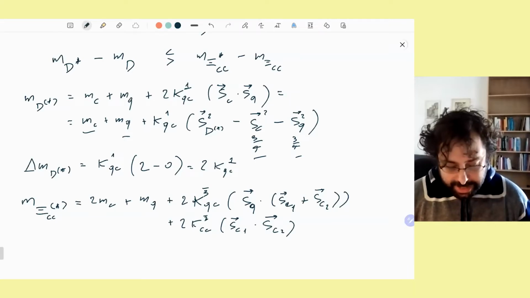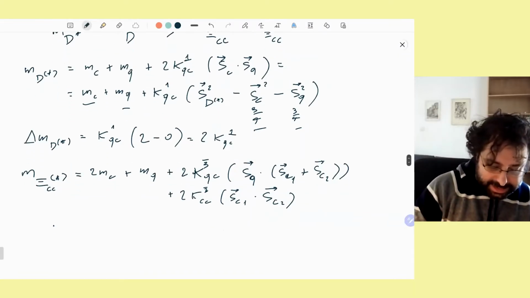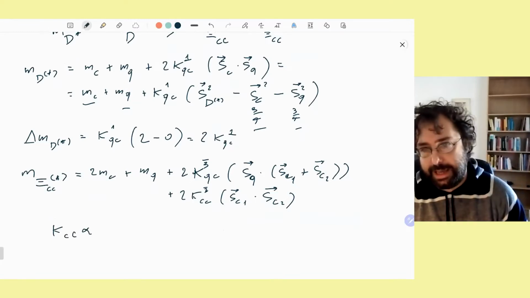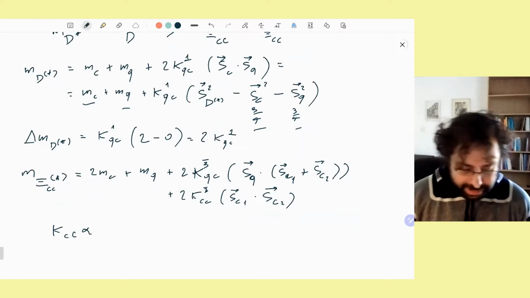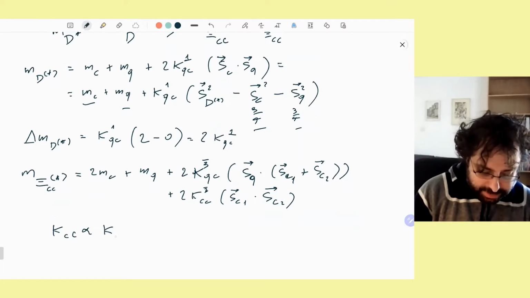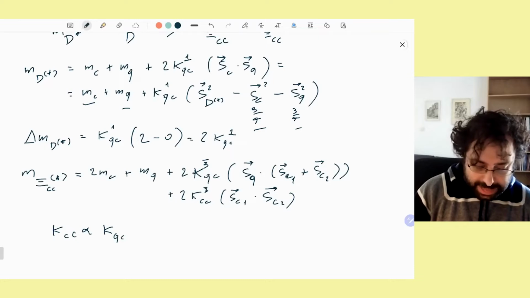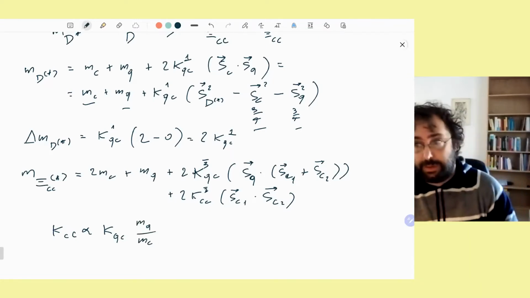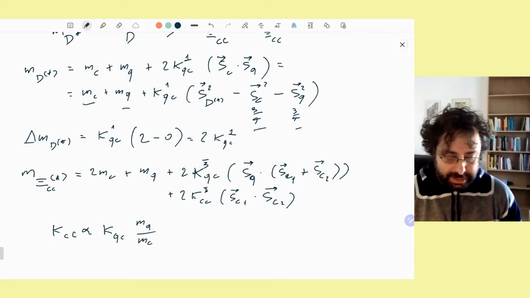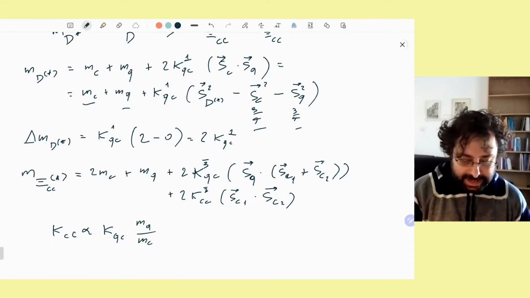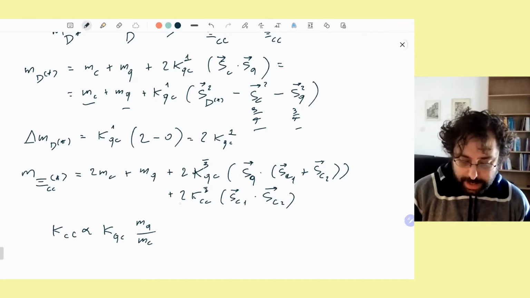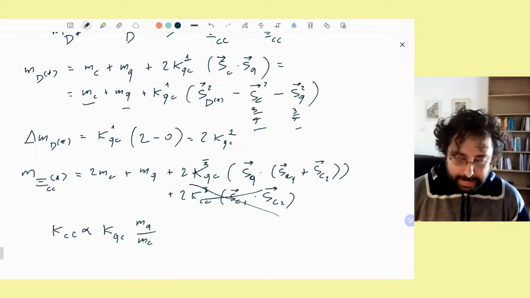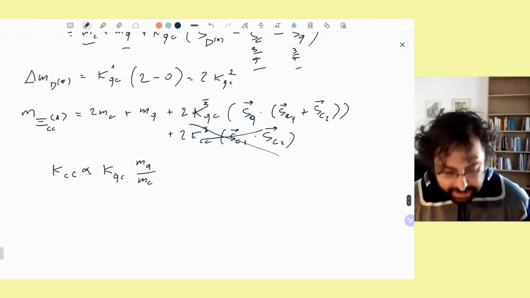And the other assumption that we make is that K_CC, since these chromomagnetic couplings, as I said, depend on the inverse of the quark mass, are suppressed with respect to the light quark one by a factor of M_Q over M_C. So the heavier the heavy quark, the more suppressed this K_CC is. So we are going to neglect this term here, and we just have this first one.